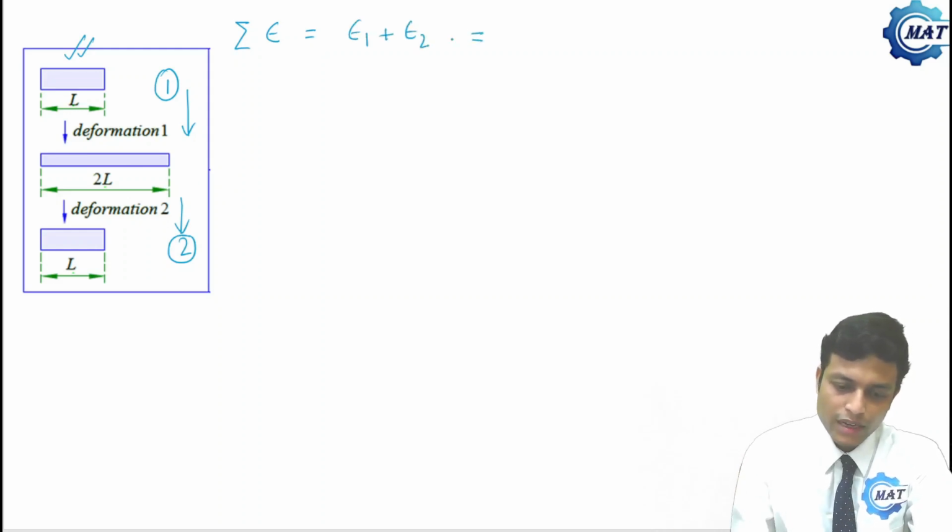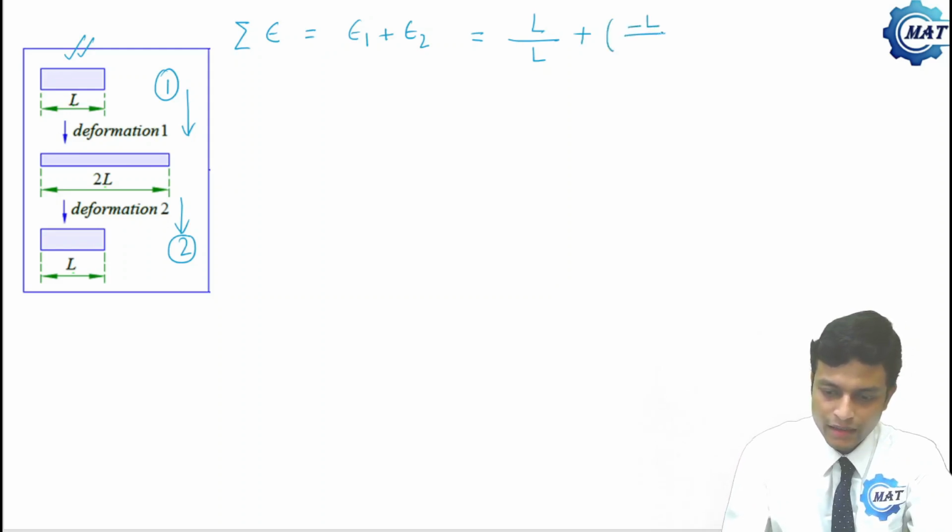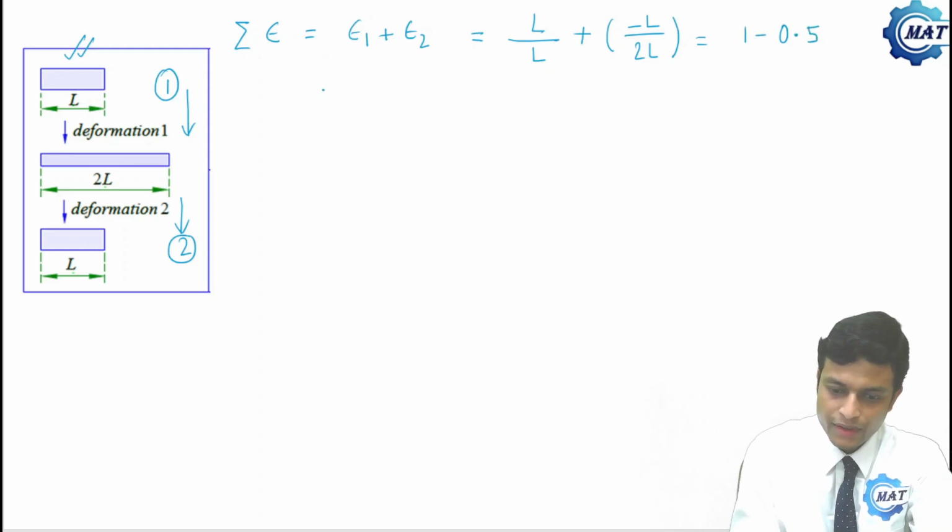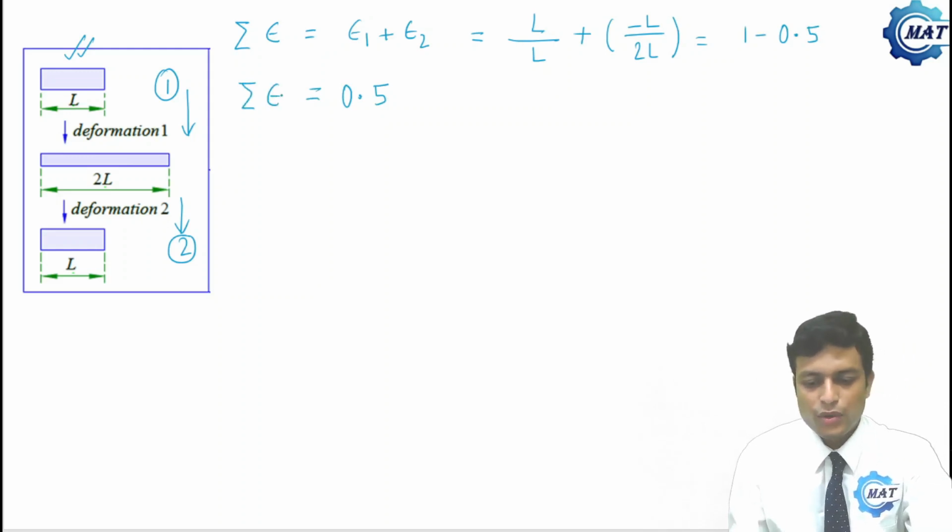Epsilon 1 is delta L over L0, which is L by L, plus the compression, minus L, with initial length 2L. That is 1 minus 0.5, which equals 0.5. So the total engineering strain is 0.5.